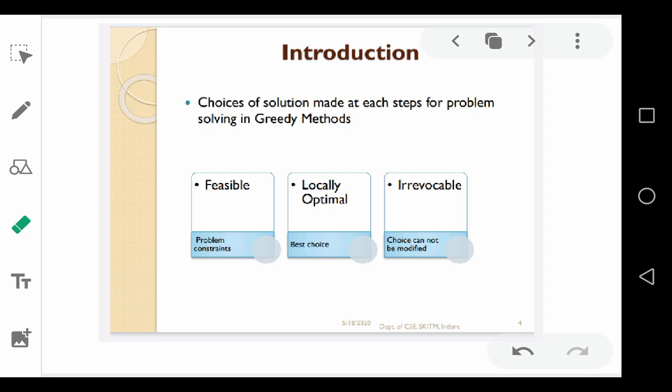The third choice is irrevocable. It means that once a particular choice is made, it should not get changed in subsequent steps. So in very simple words, while making the choices there should be a greed for obtaining the optimal solution to the original problem. The choice should be feasible, locally optimal, and irrevocable.